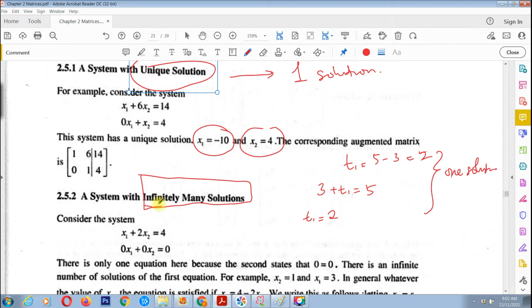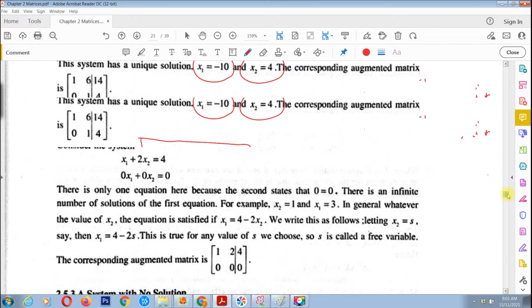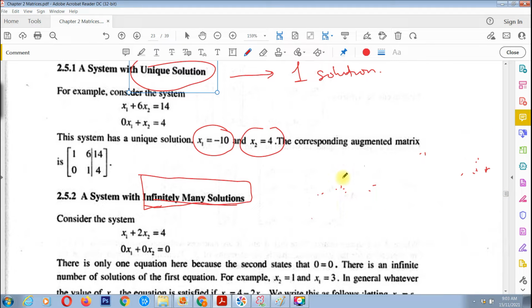But we want infinitely many solutions. What is the meaning of infinitely many solutions? We have a lot of solutions inside that equation. So how do we represent infinitely many solutions?